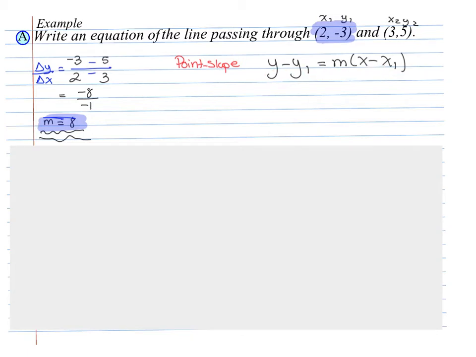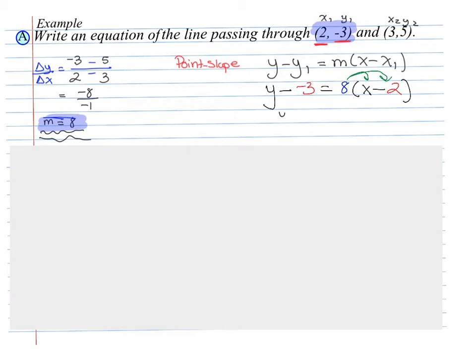So now I'm just going to substitute my values in, and I'm going to have y minus my y1, which is -3, is equal to my m, which is 8, times my x minus my x1, which is 2. Now all I have to do is distribute my 8.